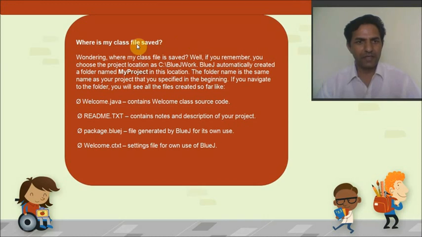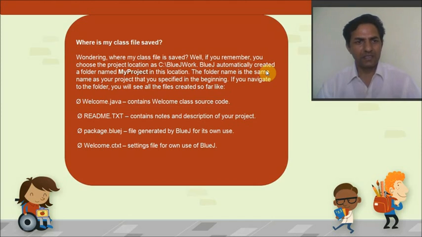Where is my class file saved? Wondering where my class file is saved? If you remember, you chose the project location as C colon slash BlueJ work. BlueJ automatically creates a folder named after your project in this location.